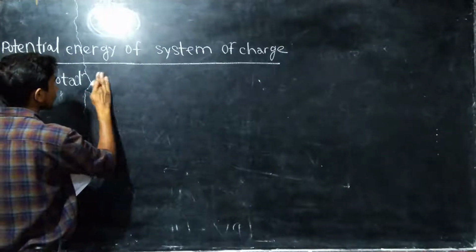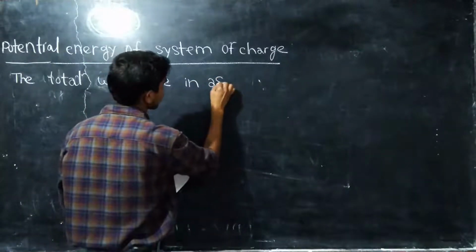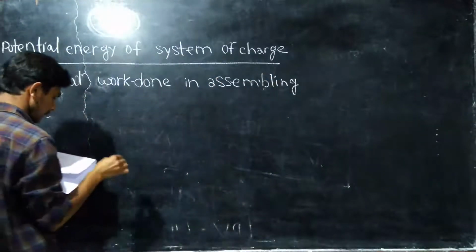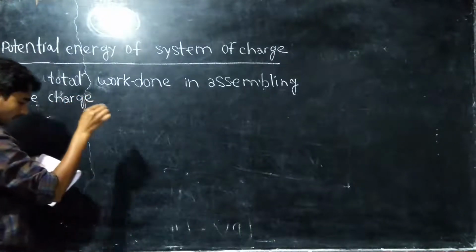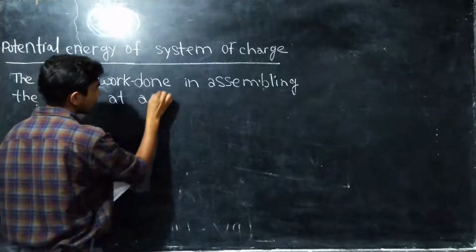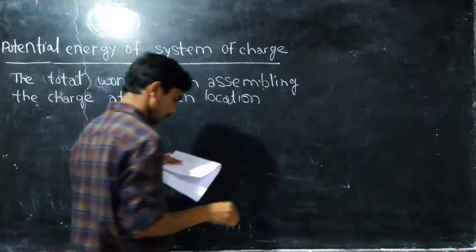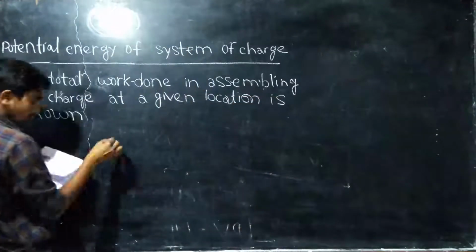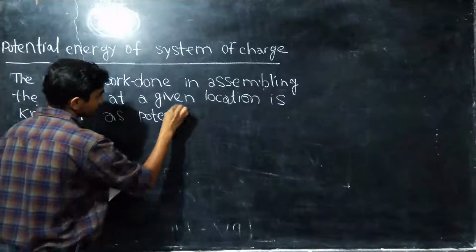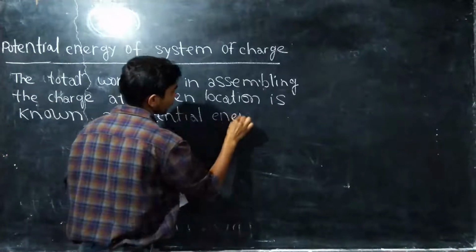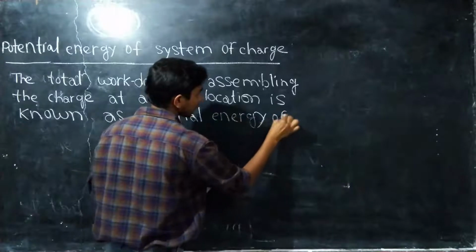The total work done in assembling the charges at a given location is known as the potential energy of the system.